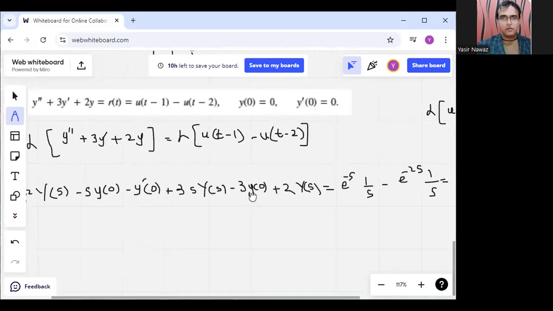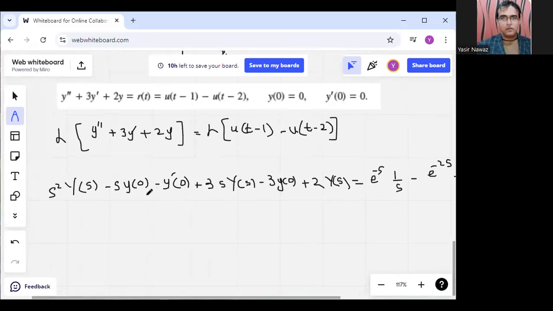Now I apply the initial conditions. Because y of 0 is 0, this term becomes 0. Y prime of 0 is also 0, so this would be 0 as well. So these terms become 0.